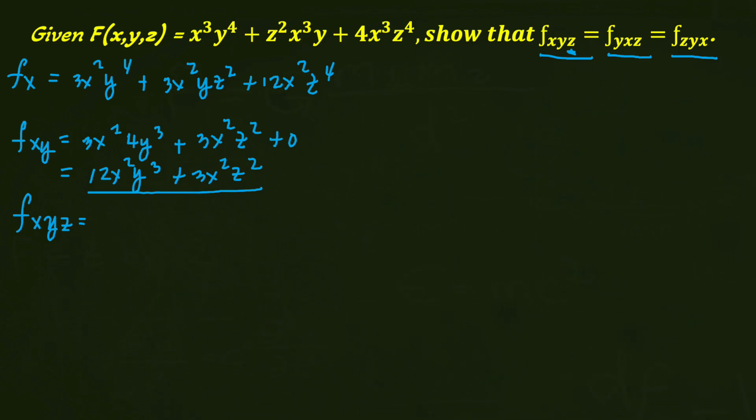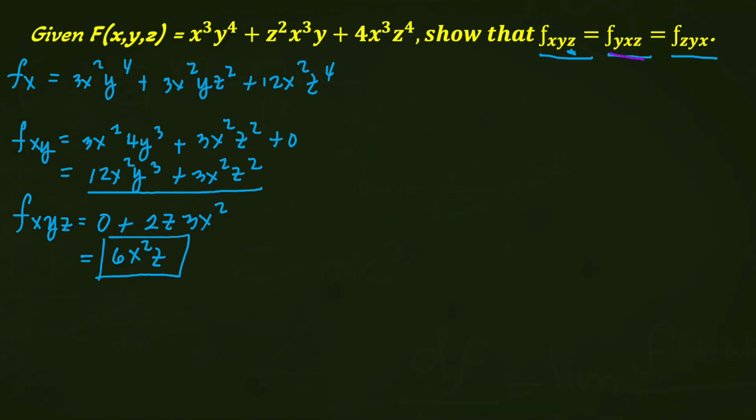So therefore, it will be a constant, and the derivative of the constant will become 0. And in the next term here, 3x squared z squared, this will be equal to 2z times 3x squared, or simplifying, this will be equal to 6x squared z. So this is now the value of f sub xyz.